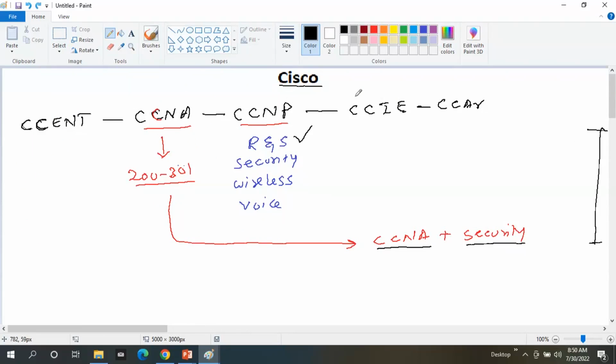No more prerequisites in Cisco. Any track you can write. If you already have experience and knowledge and want to attempt the CCNP, you can. But earlier it was not like that. First you had to write CCNA, and once you completed CCNA, then only you were eligible for CCNP, and then CCIE. But now, no need. You can directly attempt CCIE, or CCNP, or CCNA. Okay. Got it.